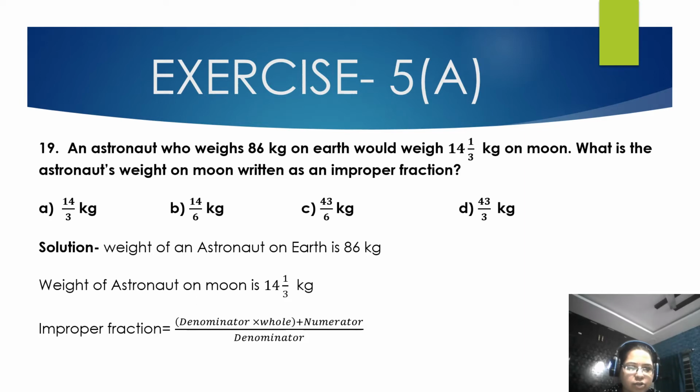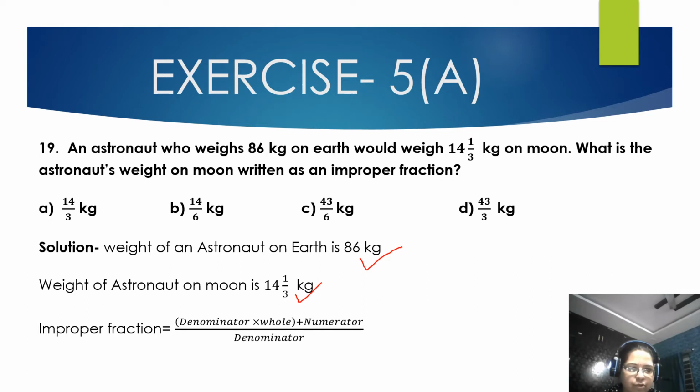The weight of an astronaut on Earth is given, that is 86 kg, and the weight on Moon is 14 divided by 3 kg. That is a mixed fraction, and we have to convert this mixed fraction into an improper fraction.